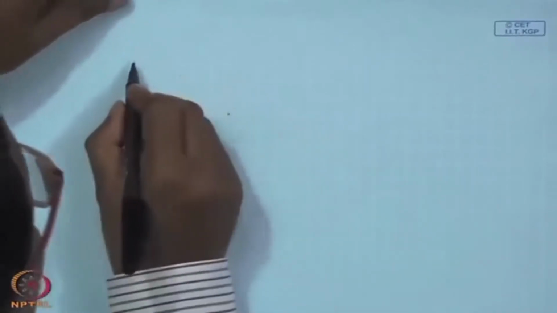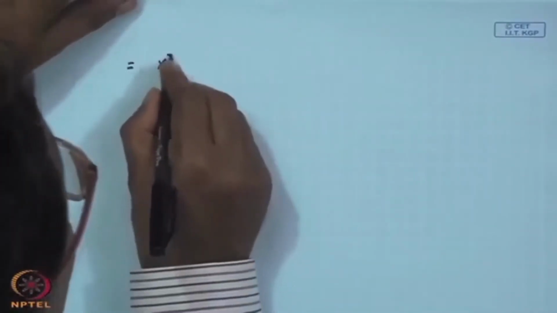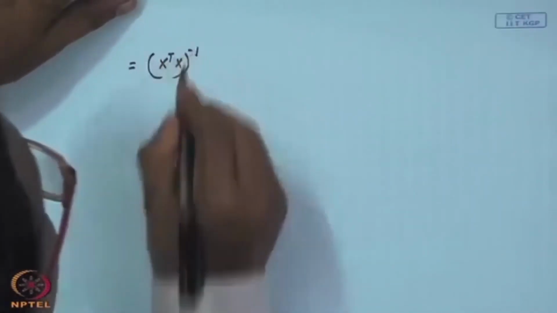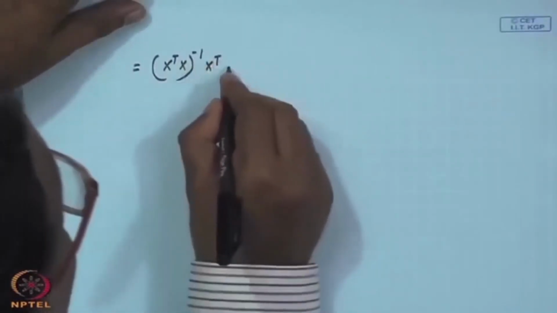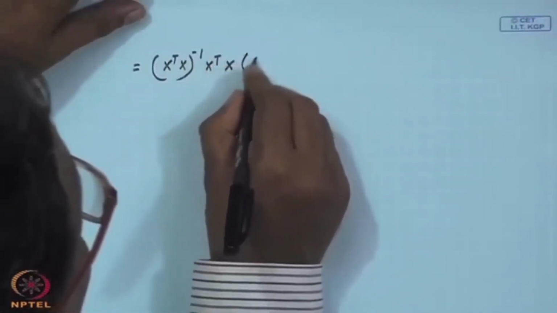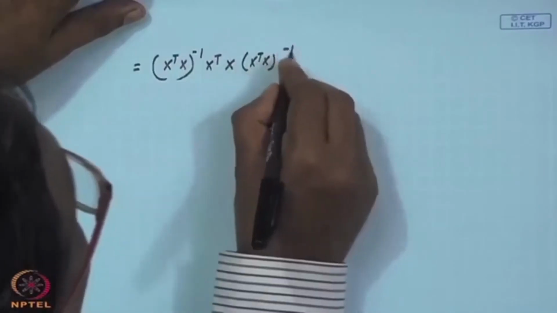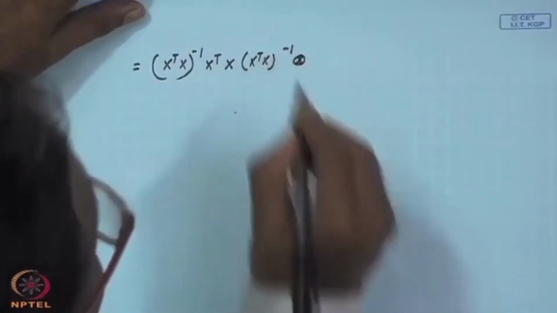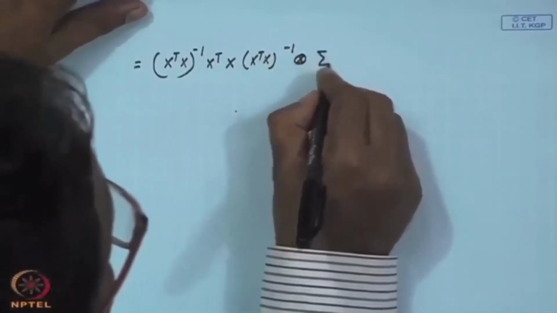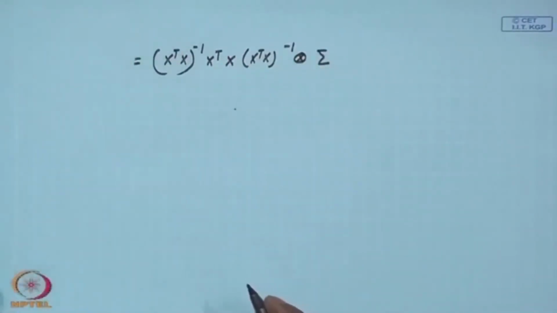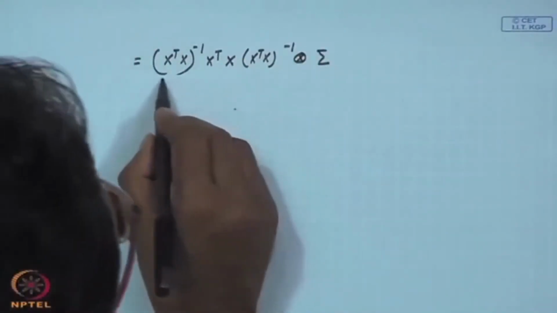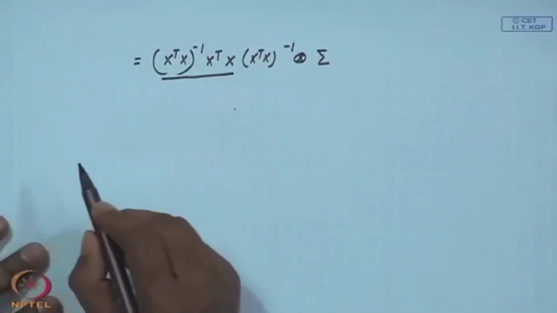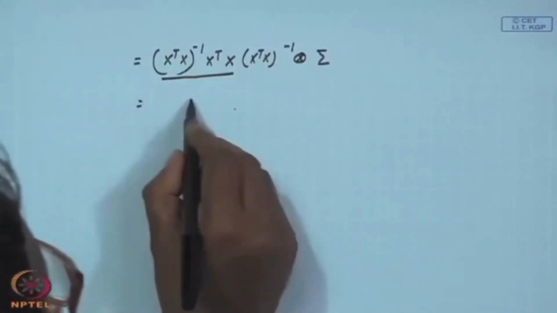If you further simplify, x transpose x inverse, x transpose x, x transpose x inverse, then this Kronecker product. Now x transpose x inverse, x transpose x is I, so ultimately that will not be there.